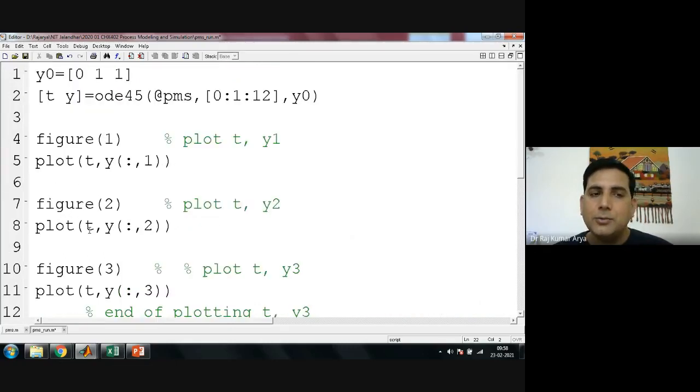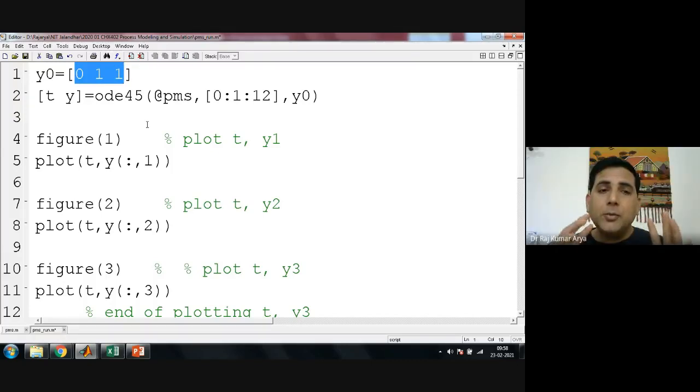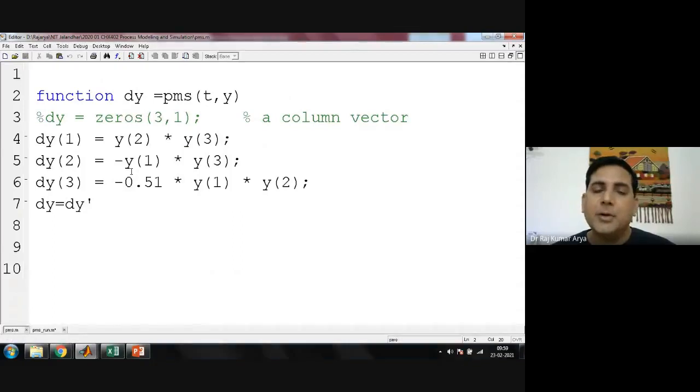In simulation, what do you do? You have here 3 variables, 1, 2, 3, right? Correct or not? Now you want to see the dependency of each variable one by one. If I change the boundary conditions of y1, y2, y3, or let's say some set of the data, sometimes you want to have a reactor. So let's say if you are considering this as a CRE problem, you have here dc1 upon dt, here dc2 upon dt, here dc3 upon dt.